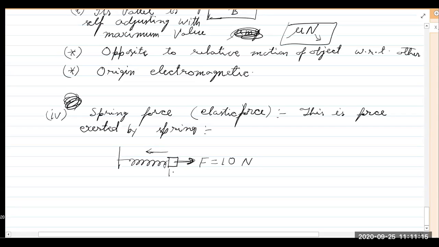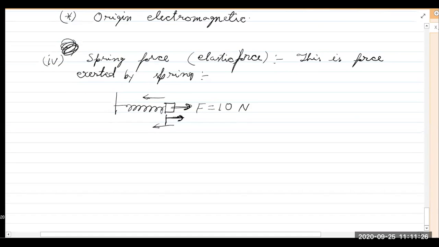If the spring is expanded from its natural length position, then the force will be acting in the opposite direction. And the more we stretch a spring, the more the corresponding spring force.